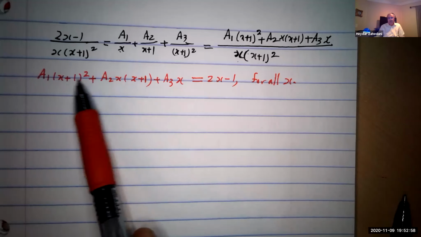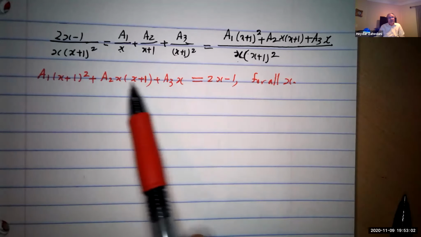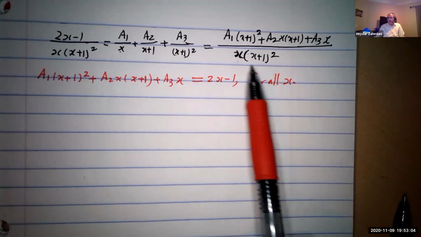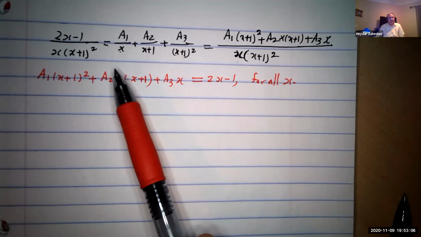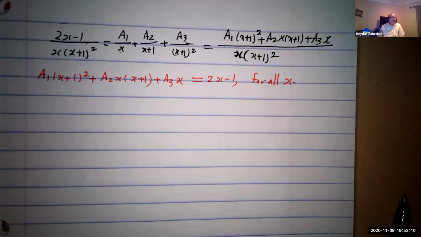So x equal to 0 is one of them. x equal to -1 is the other one. But since this factor is repeated, you don't have the third number. You have to pick a number yourself. So you are going to have only two nice numbers. The third one, just pick something nice. Okay, so that's the condition for this one.